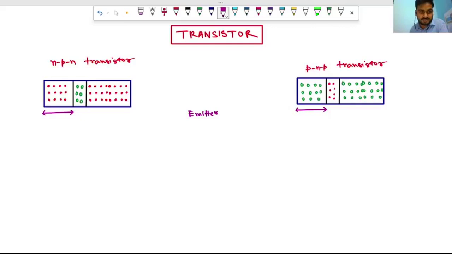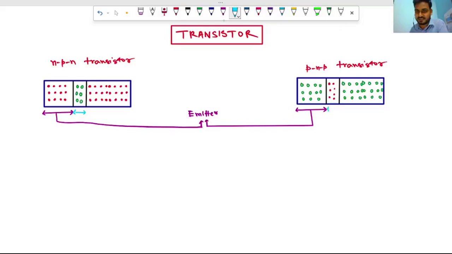Okay, so let us indicate it like this. Now the next one, this is known as base.